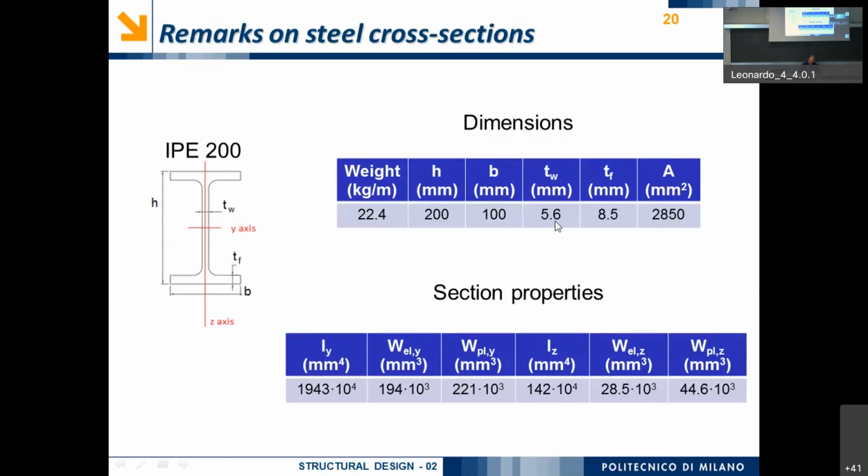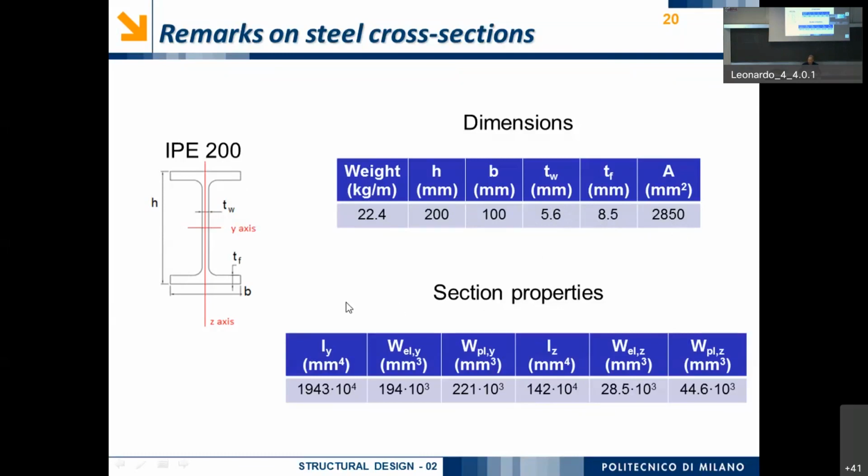The thickness of the web, the TW, which is equal in this case to 5.6 millimeters. The thickness of the flanges, generally the thickness of the flanges for an IPE cross-section is larger than TW, and in this case it's equal to 8.5 millimeters. And the area of cross-section, in this case, 2,850 square millimeters.